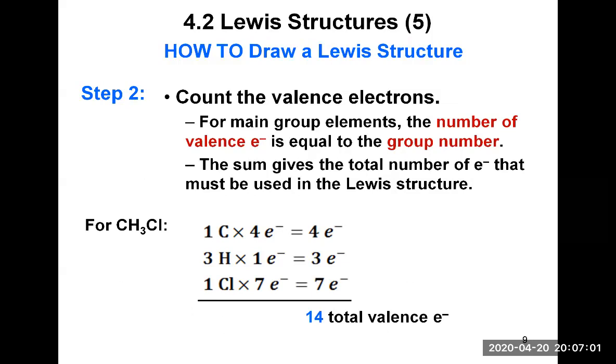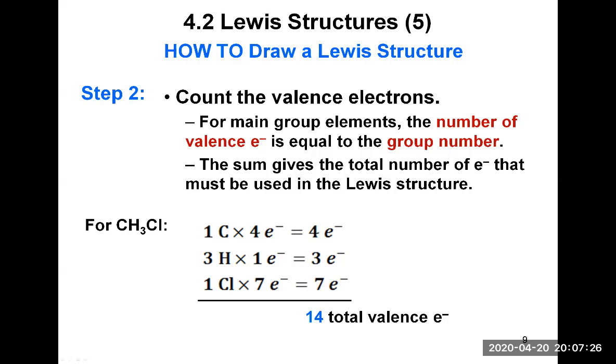So for example, for CH3Cl, you have one carbon. Carbon being in group 4A brings 4 electrons. There are 3 hydrogens, each hydrogen brings 1 electron, so 3 hydrogens times 1 electron is 3 electrons from the hydrogens.